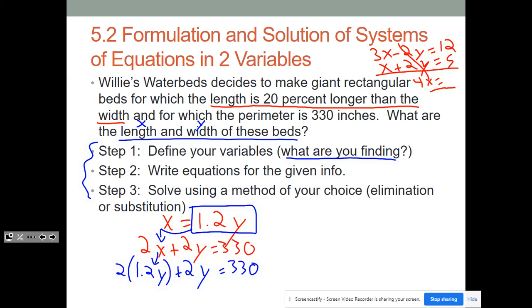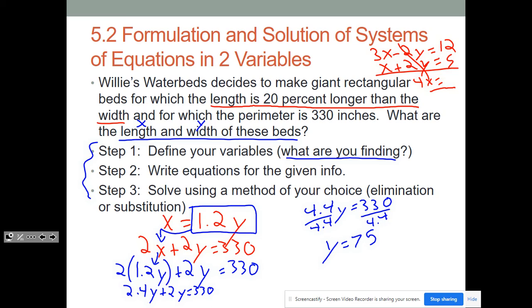So then we solve that. 2.4y plus 2y is 330. I'm going to write the rest over here. If we combine our like terms, 4.4y equals 330. Solve for y, and that should be 75.